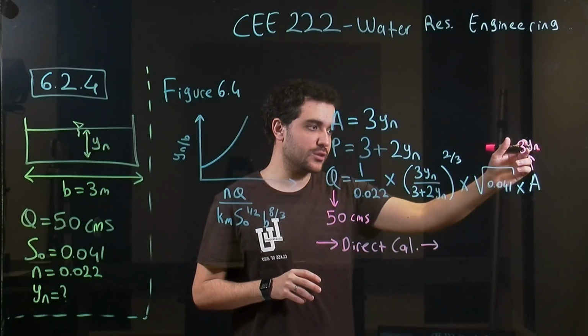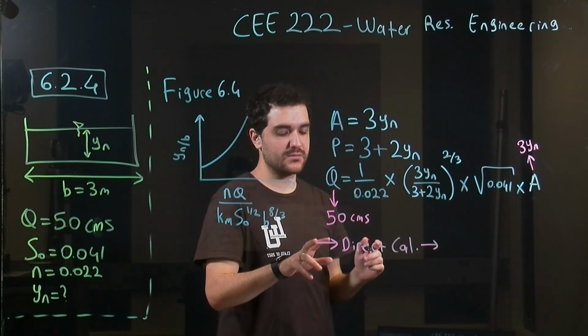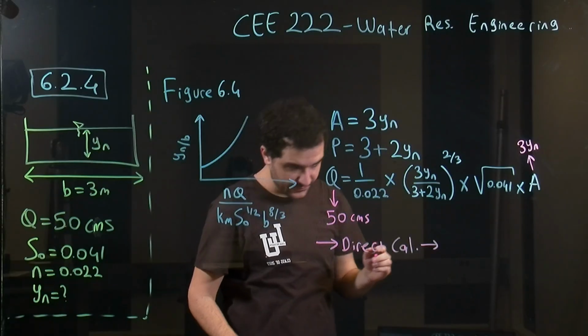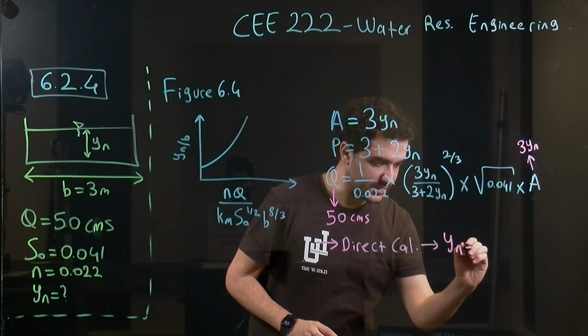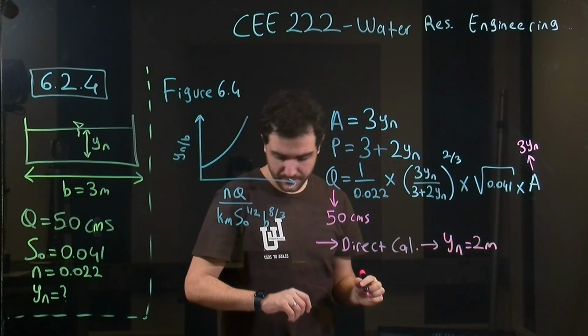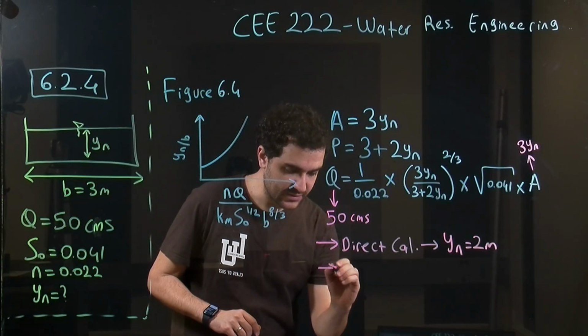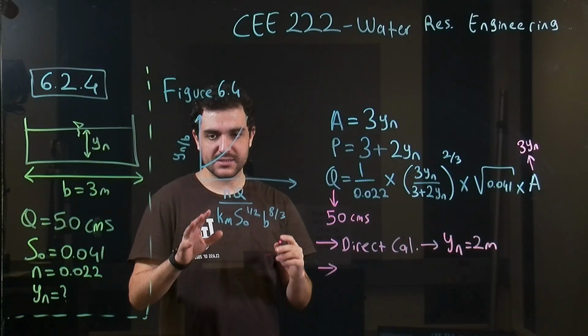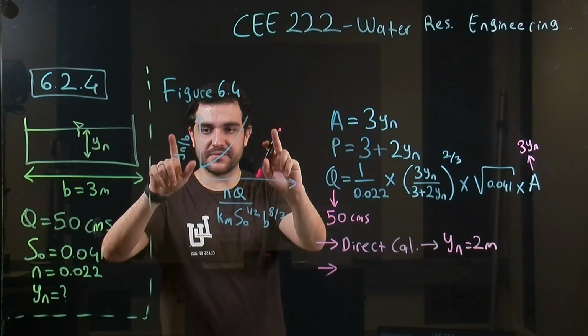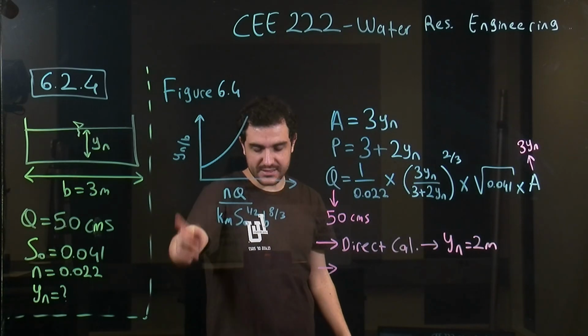Since the normal depth is the only unknown, we can use our calculators and we will get 2 meters from here. And in the question, we are also asked to find the normal depth using successive substitution, which is this figure, this table, this graph.